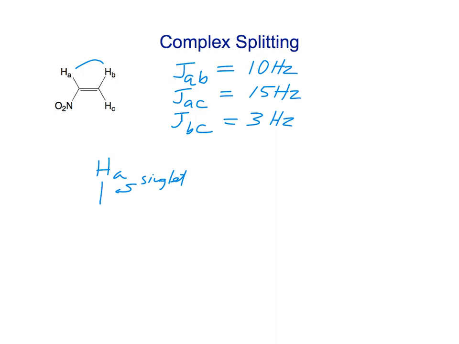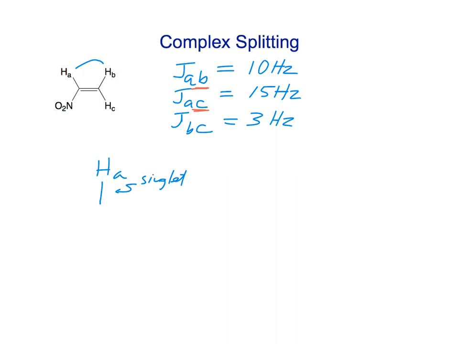Then we're going to split it by one of its couplings, depending on the coupling constant. What I always do to make it easier, you don't have to do it this way, you can add these up in any order you want, but it's easier to do the bigger splitting first. Notice that HA has these 2 coupling constants, 10 hertz and 15 hertz. So we're going to show a splitting for the 15 hertz first.